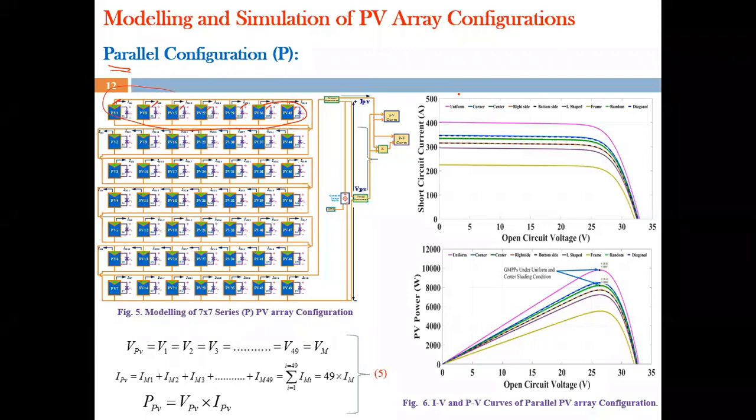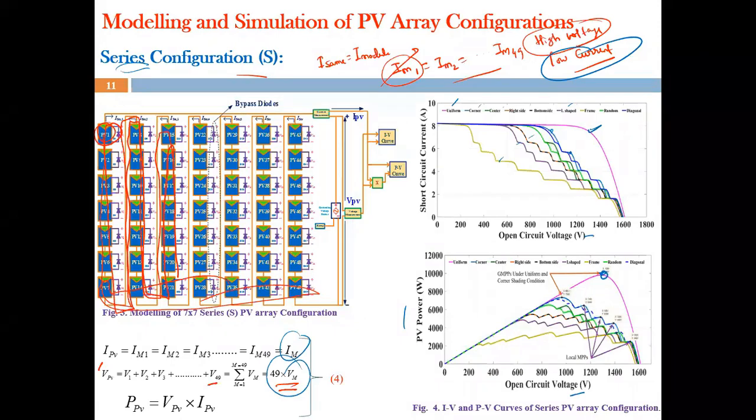The voltage across each module in a parallel connection will be equal. So V1 is equal to V2 is equal to V49.